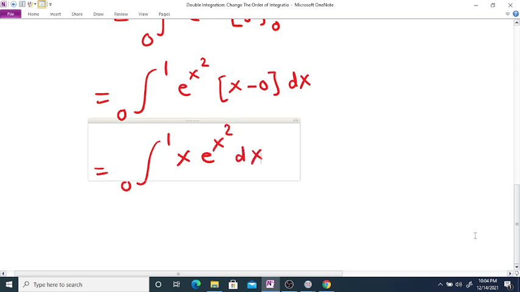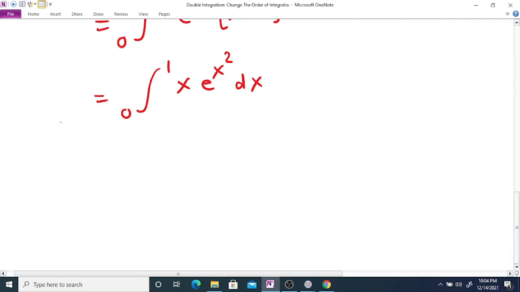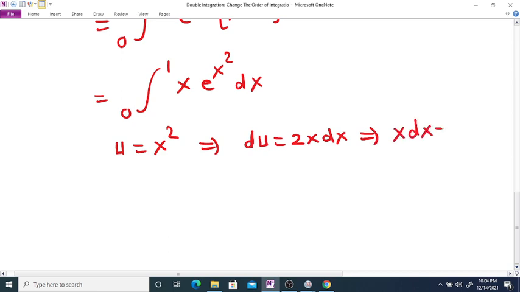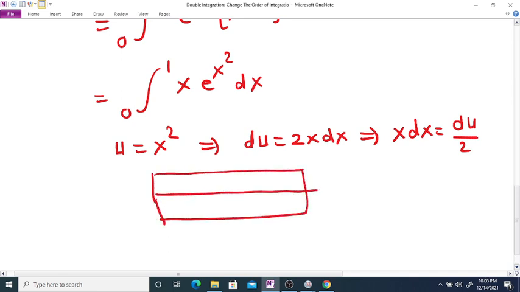Now to evaluate this integration, we are going to substitute u is equal to x square. This implies du is equal to 2x dx. From this we can write x dx is equal to du divided by 2, and the new limits of u: the limits of x are from 0 to 1, and in place of x if we put 0, then u is also 0.